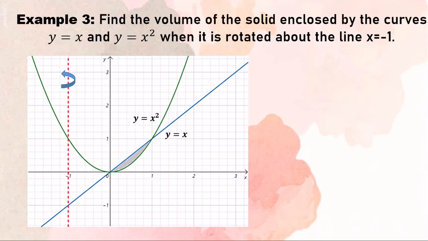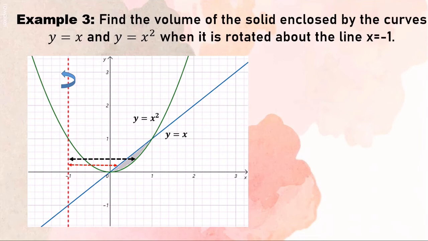To identify where our outer radius and inner radius are, our starting point will be from x equals negative 1. From x equals negative 1 to the parabola will be our outer radius, and from x equals negative 1 to y equals x is our inner radius.